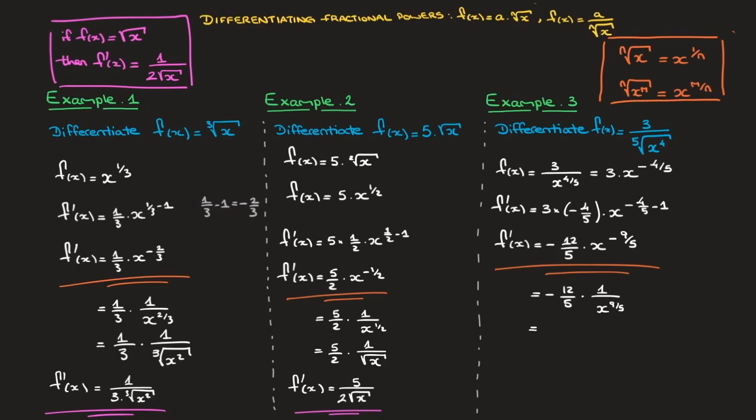And that leads us to negative 12 over 5 times 1 over the 5th root of x raised to the power of 9. Finally, multiplying these two fractions together, we can state that the derivative, f dash of x, is equal to negative 12 over 5 times the 5th root of x raised to the power of 9. And that's the final answer.